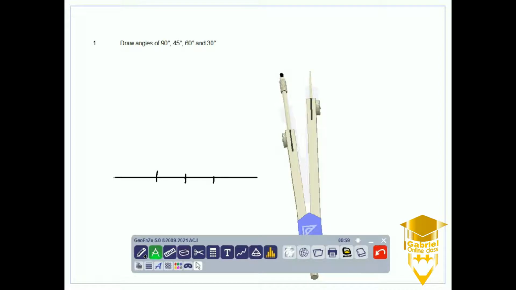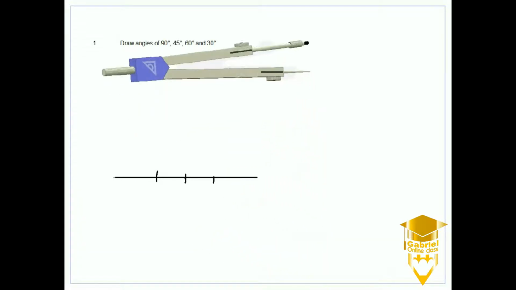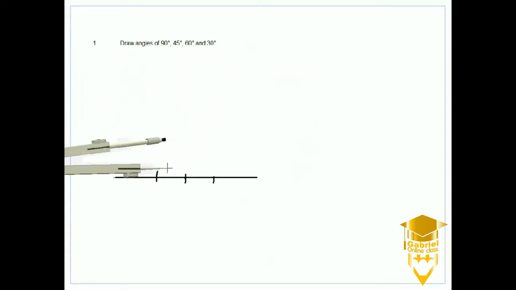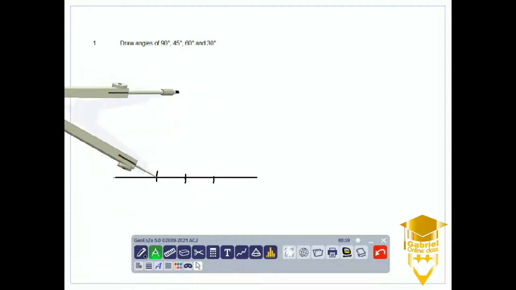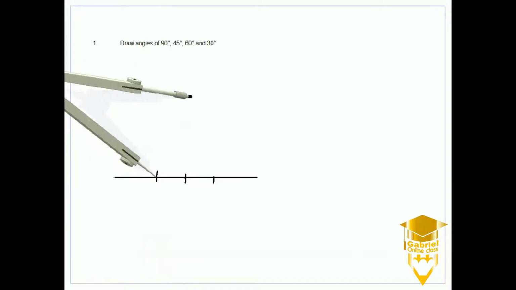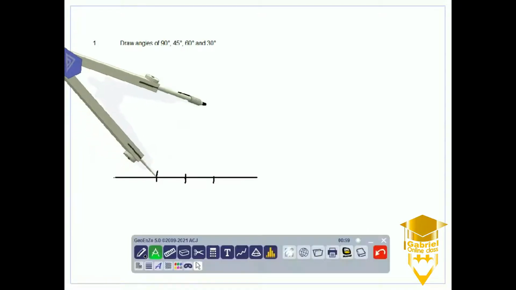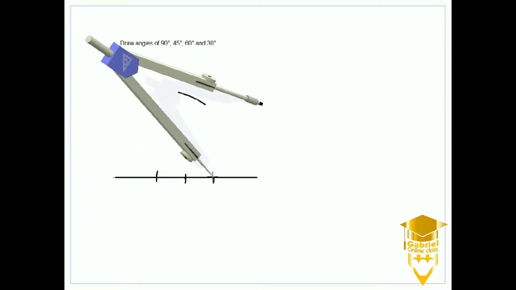We take our compass and put it in one of those points, one of those arcs. We take a radius, then we draw another arc. Then we put it in the other point, still maintaining the same radius.